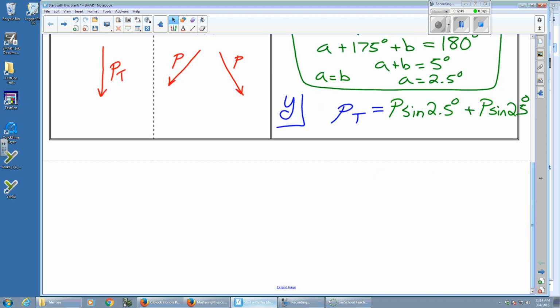So let's see. Momentum total would be the mass total and whatever velocity it started with. I already took into account the direction because of how I put them in. So I'm good there. P here would be half of the mass because it splits in half, whatever velocity it has afterwards, sine of 2.5 degrees.